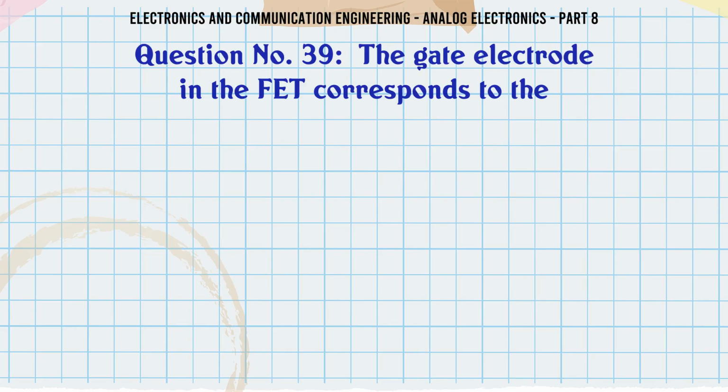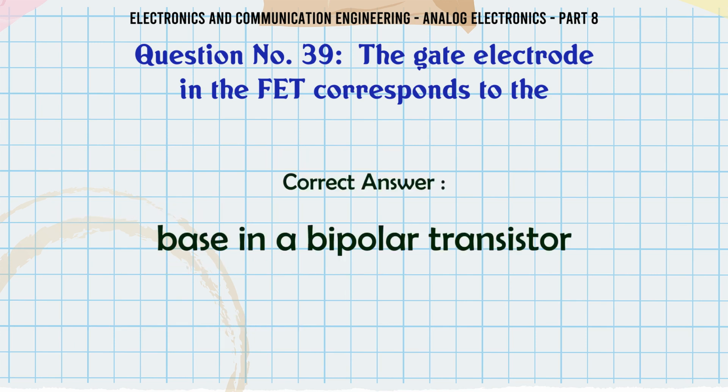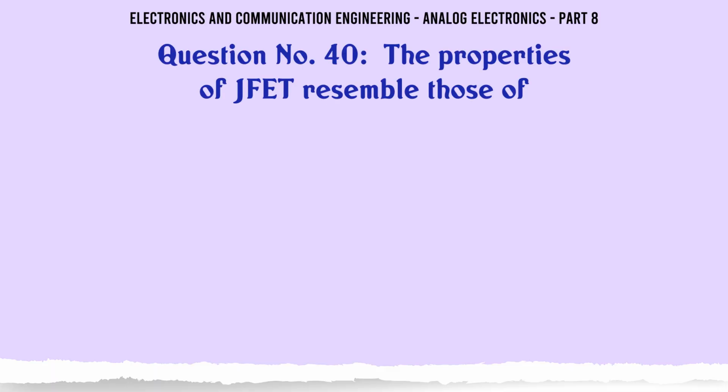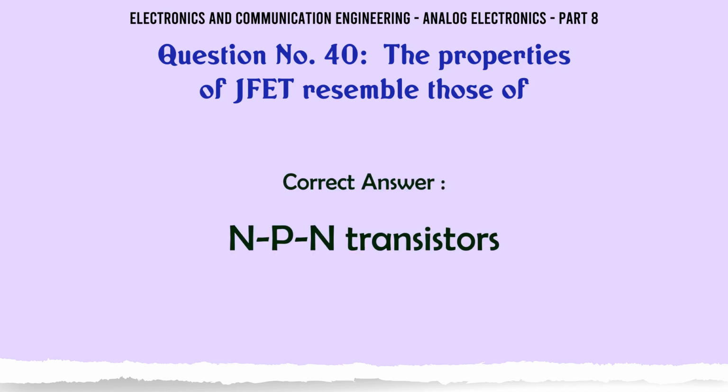The gate electrode in the FET corresponds to the A. Collector in a bipolar transistor, B. Base in a bipolar transistor, C. Emitter in a bipolar transistor, D. None of the above. The correct answer is base in a bipolar transistor. The properties of JFET resemble those of A. Thermionic valves, B. NPN transistors, C. PNP transistors, D. Unijunction transistor. The correct answer is NPN transistors.